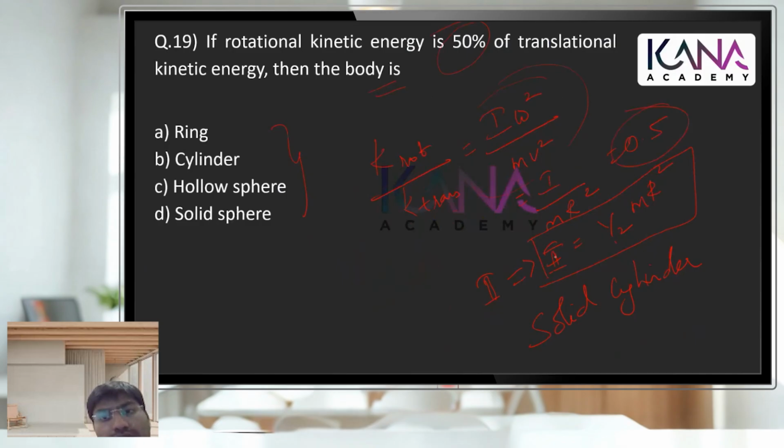Then we find a relationship between I and m r square, and based on this formula we can figure out what type of body it is. So it is option B.